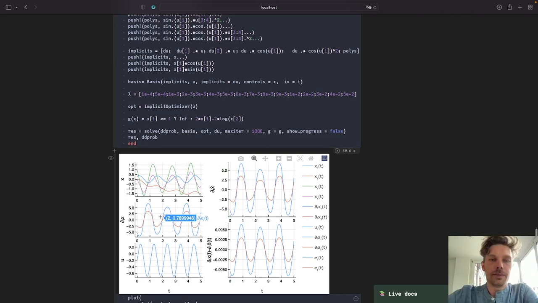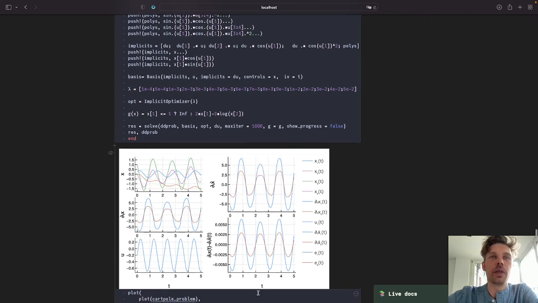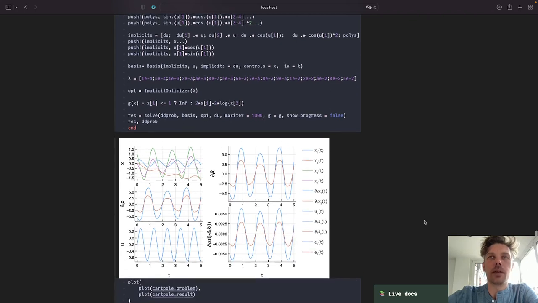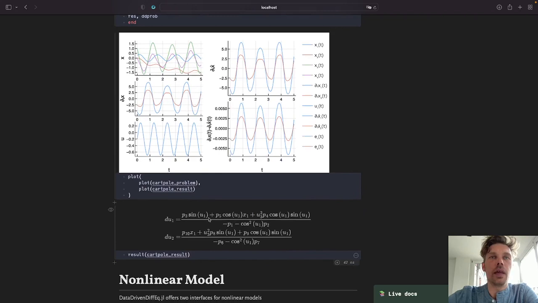And here we see again the problem definition with the plot recipe, so our states, our differential states, and our input signal, the estimation of the output of our sparse identification model, and the error overall. We can also have a look at the inferred equations of motion for the acceleration, and we see, okay, they matched.